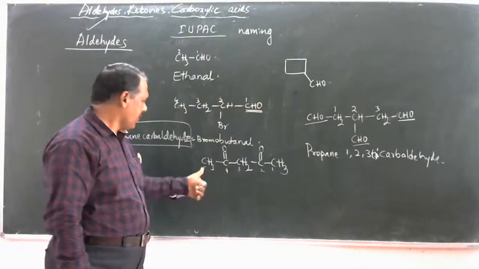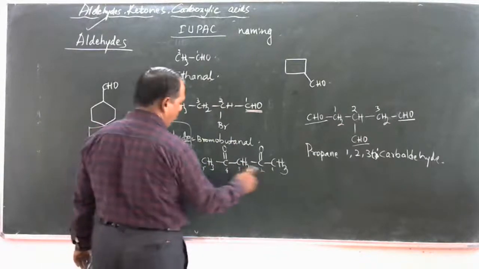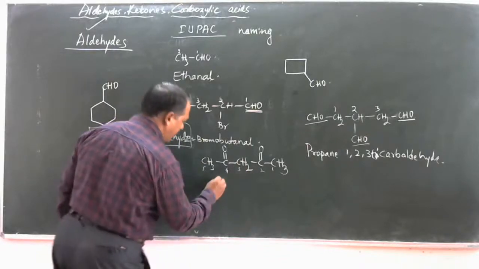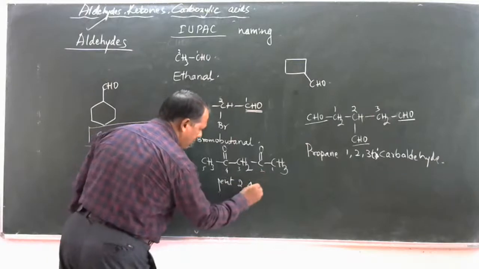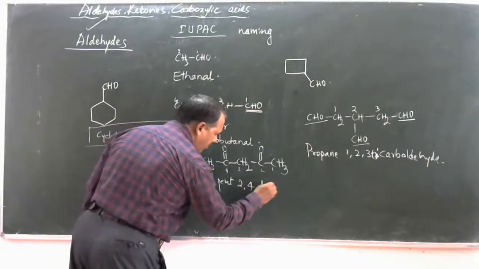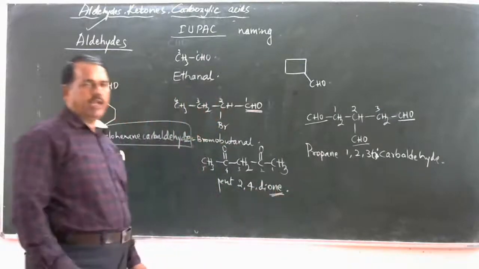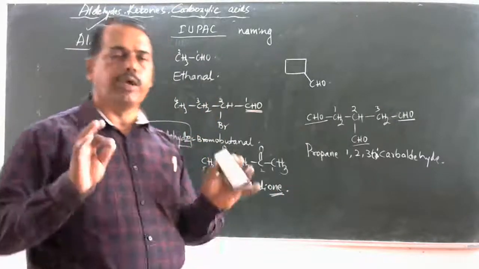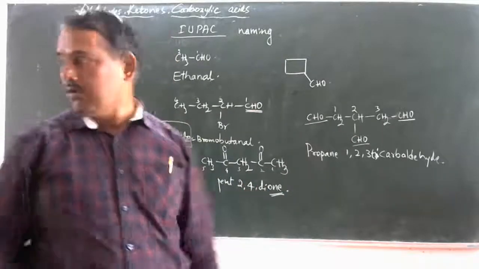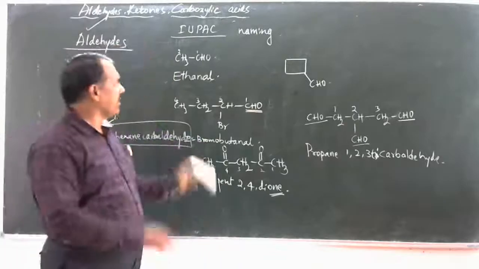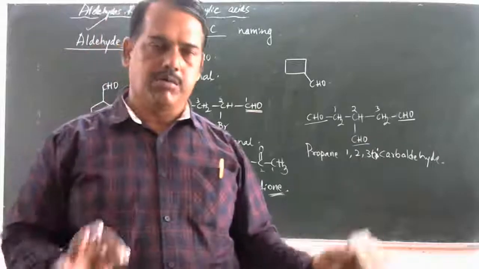Therefore, the parent hydrocarbon is pentane. So pentane-2,4-dione. If it is a ketone, the suffix is one, so we introduce the suffix one. That's all. So this is how we can easily write the nomenclature of aldehydes and ketones.